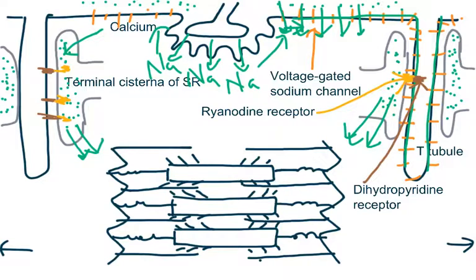The sodium comes in, and now you have an action potential that travels all the way down the membrane because of the successive opening of voltage-gated sodium channels, including down into the T-tubule, where the voltage is sensed by the dihydropyridine receptor, which causes opening of the ryanodine receptor, which is on the terminal cisternae of the sarcoplasmic reticulum. It allows calcium efflux into the sarcoplasm of the myofiber.